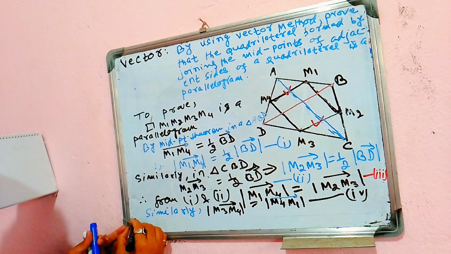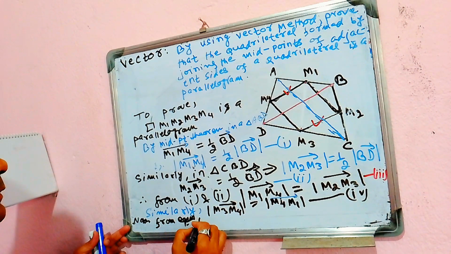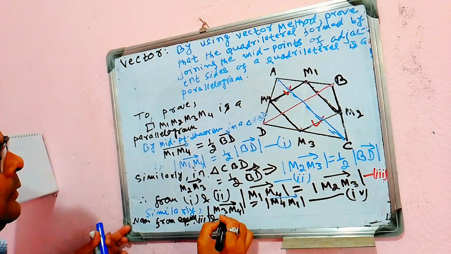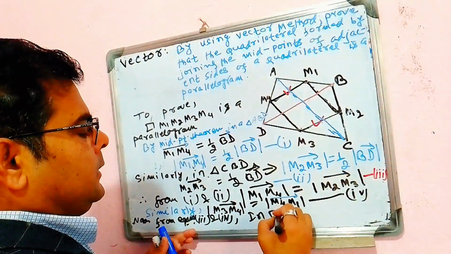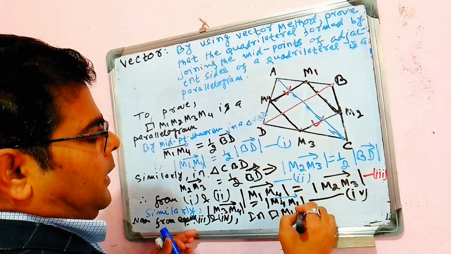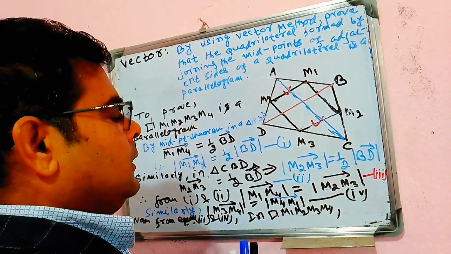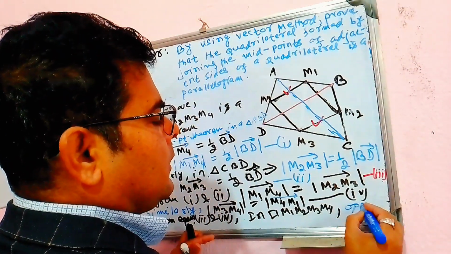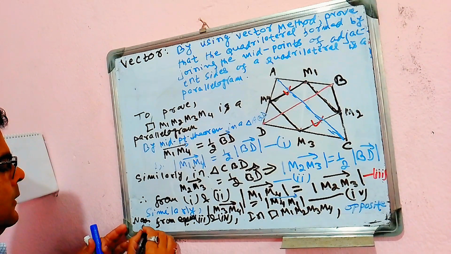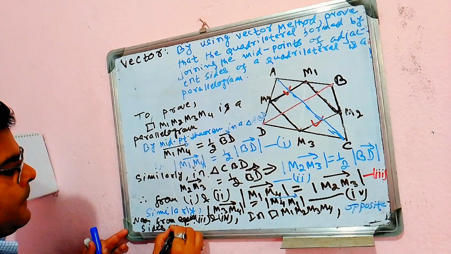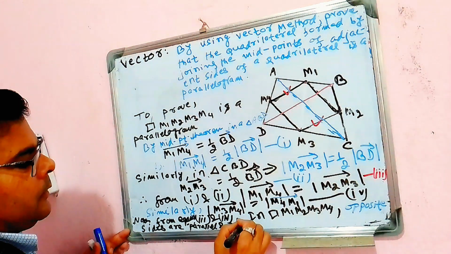Now from equations 3 and 4 you can see that in the quadrilateral M1 M2 M3 M4, opposite sides are parallel and equal.